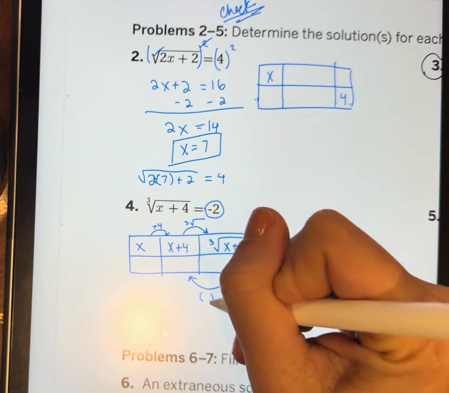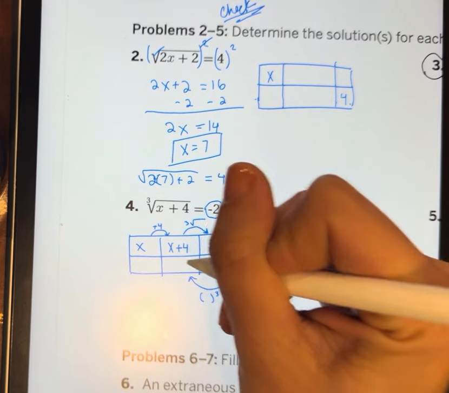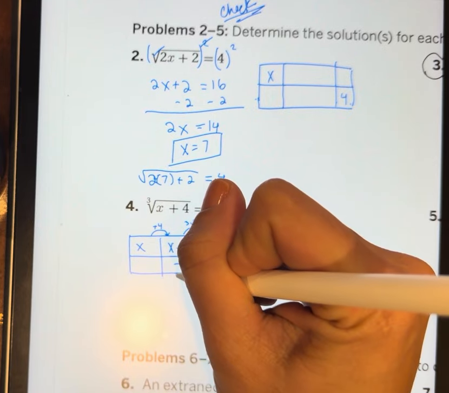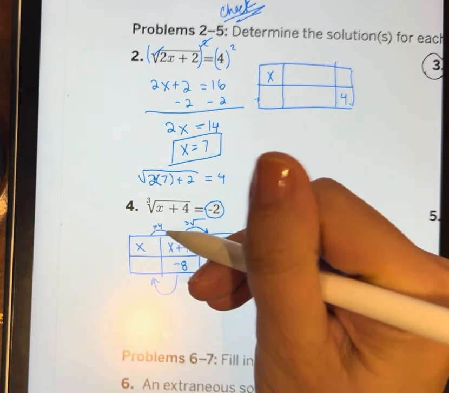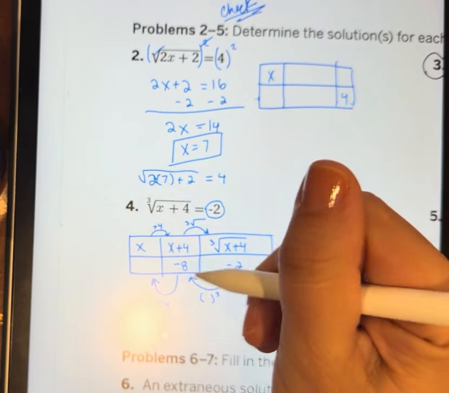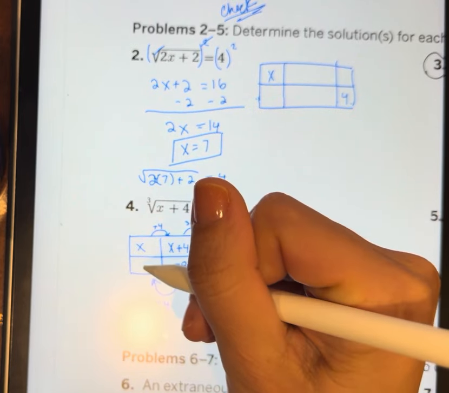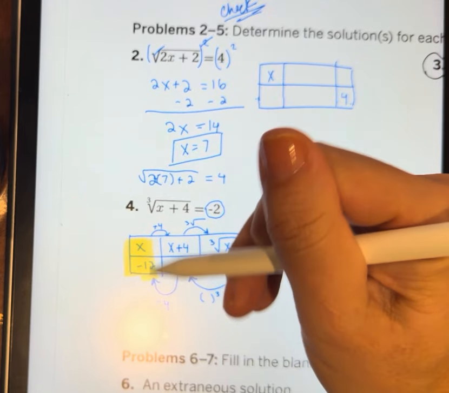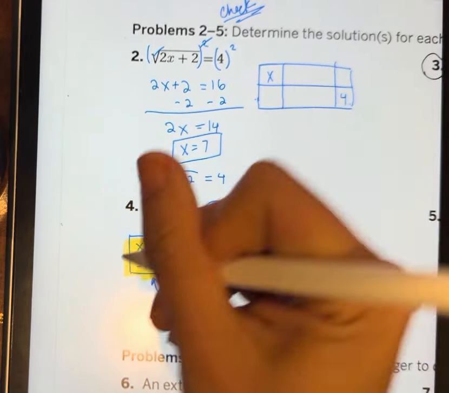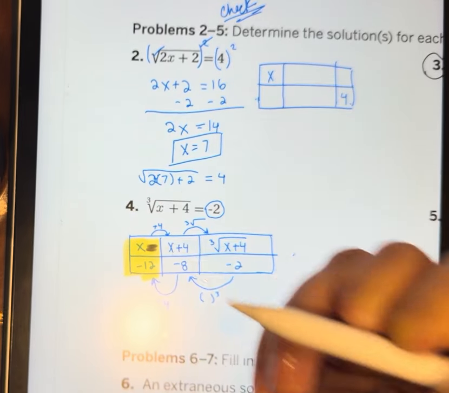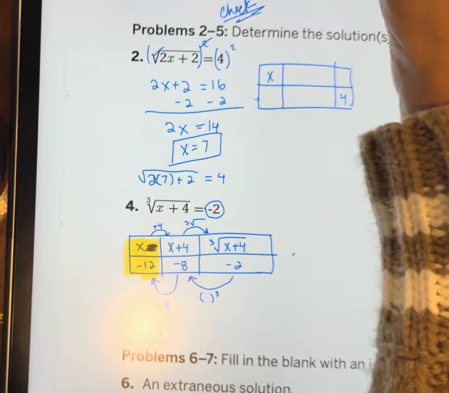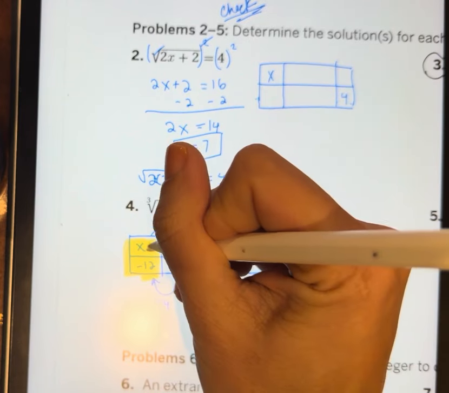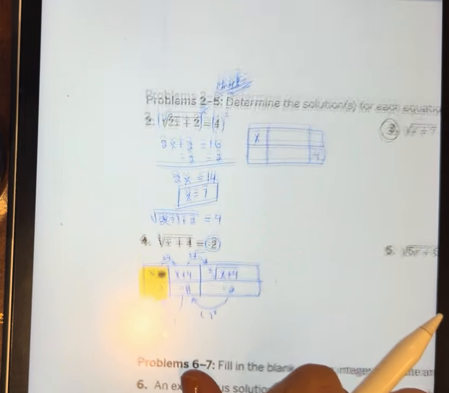Opposite of cube root is cube, so -2 cubed is -8. And then the opposite of plus 4 is -4, so -8 minus 4 is -12. And that means that x equals -12. All right. X equals -12.